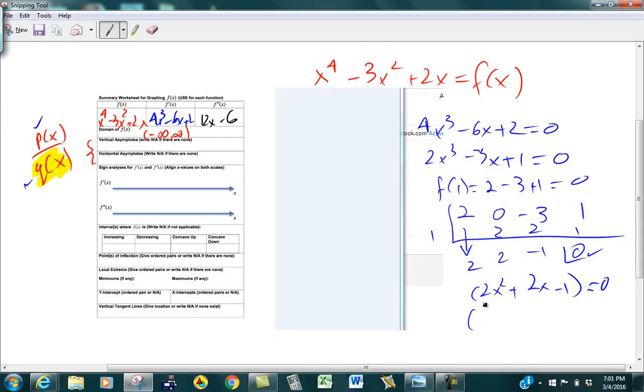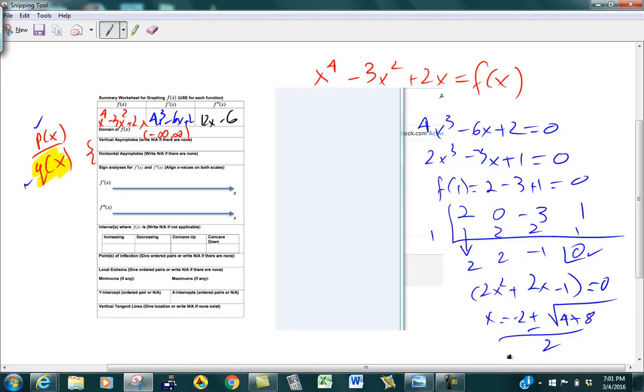This might be factorable as well. I don't know, let's take a look. Is it factorable? No, it's not factorable, which means you've got to use the quadratic formula. So x equals minus 2 plus or minus the square root of b squared, which is 4, minus 4 times c, which is minus 1 times 2, so plus 8, all over 2 times 2.